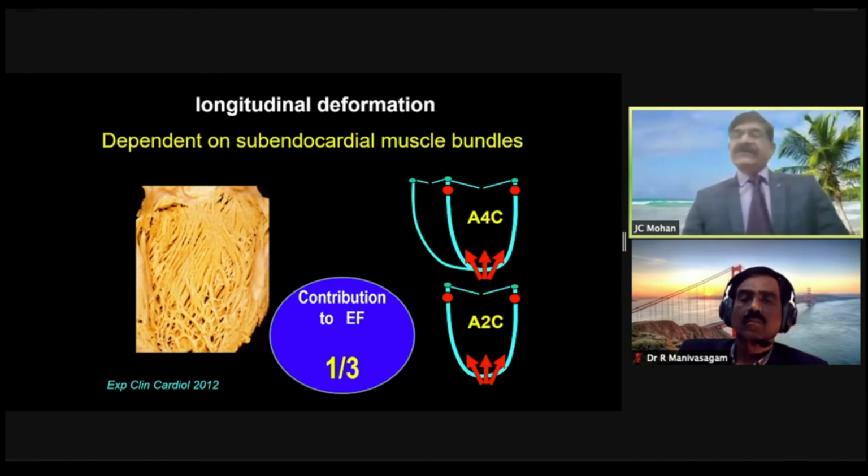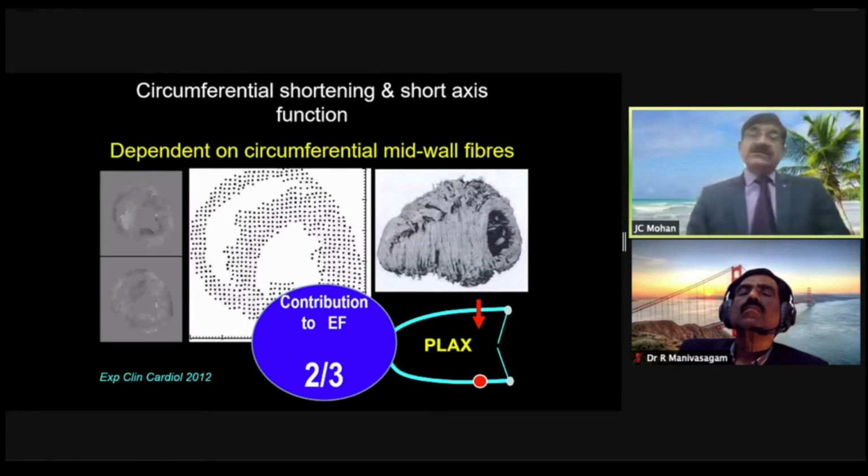That is one of the reasons why longitudinal strain may be significantly reduced, and yet ejection fraction may not be affected too much. It may just go down minimally because the contribution of subendocardial muscle fibers to ejection fraction is only 1/3. The circumferential fibers contribute 2/3 of the ejection fraction.